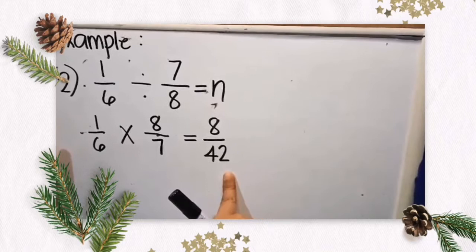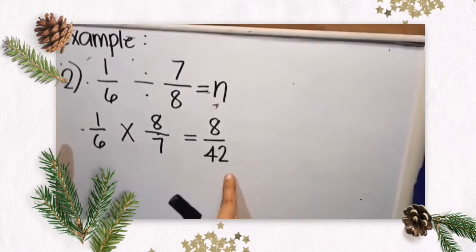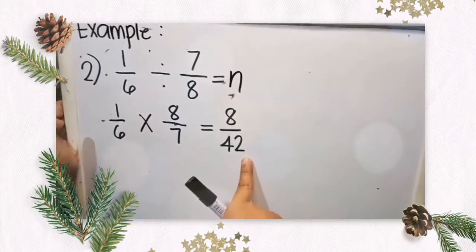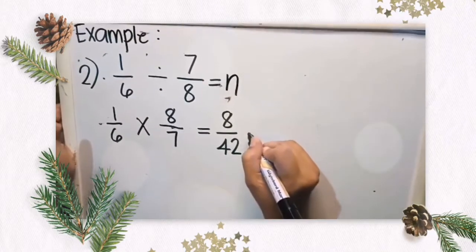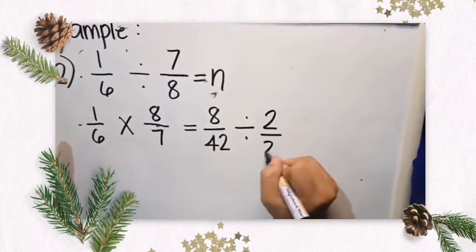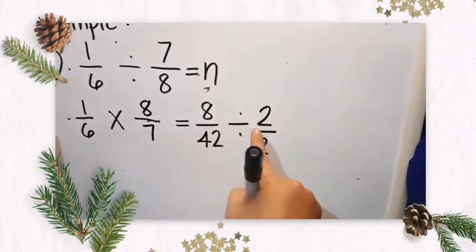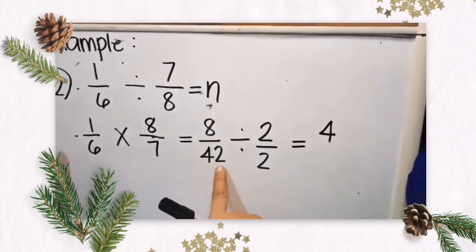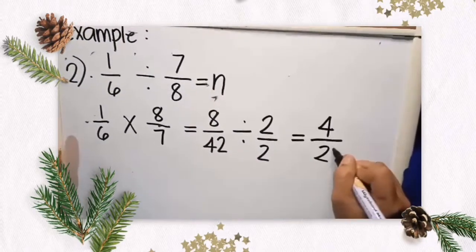So, unsa may number nga maka-divide both 8 and 42? So, let's say for example, 2. 8 divided by 2 is 4. 42 divided by 2 is 21.